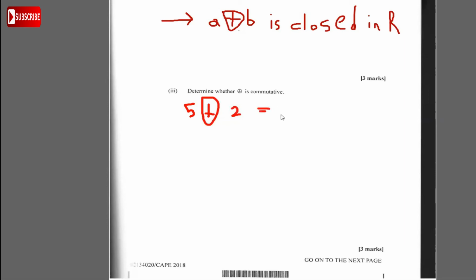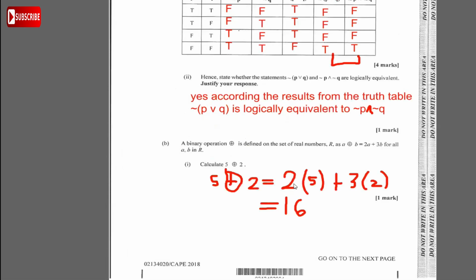So let's check to see if 2 circle plus 5 is 16. So 2 circle plus 5 is going to be equal to 2 times A, so it's going to be 2 times 2 plus 3 times.